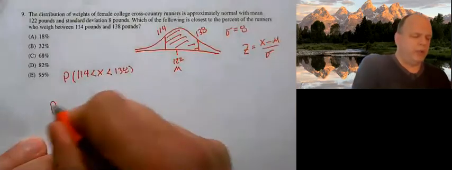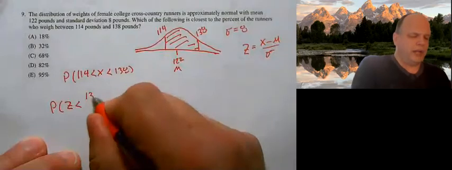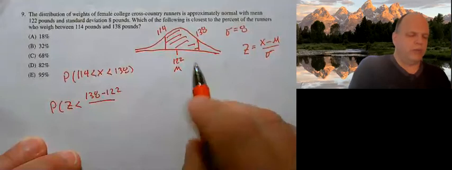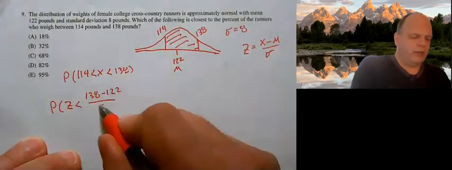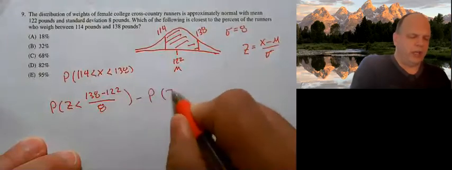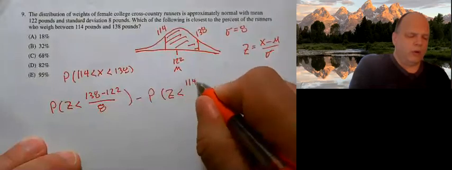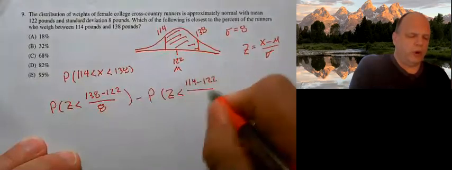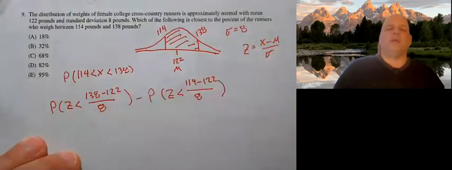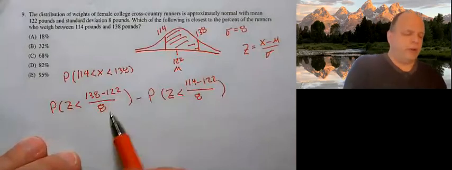So we want the probability that Z is less than 138 minus our mean of 122 over the standard deviation of 8, minus the probability that Z is less than 114 minus 122 over 8. So that's what the work would be if we were doing it on an FRQ test.